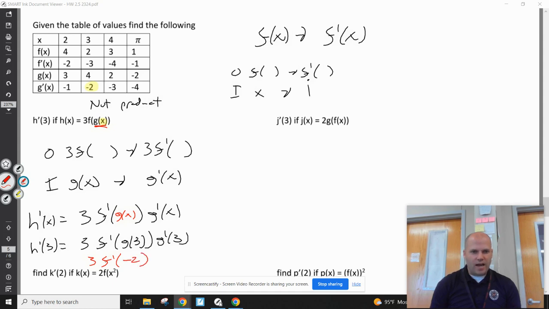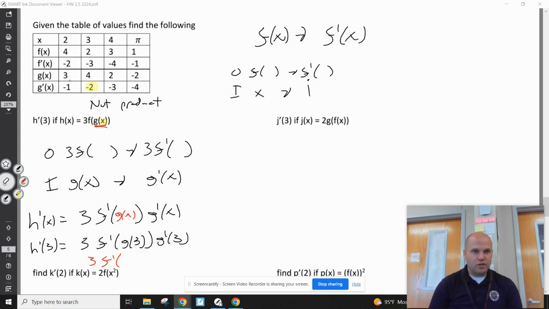Now we need to find F prime of negative 2. I can't. I didn't give you the table for it. So if I change this to negative 2, then you could do that. So let's do that, see if that works. G prime of, G of 3. Oh, never mind. Gosh, I'm screwing up a lot on these table problems.